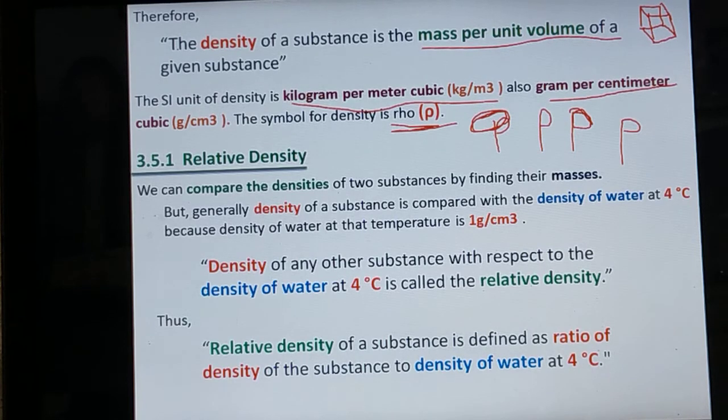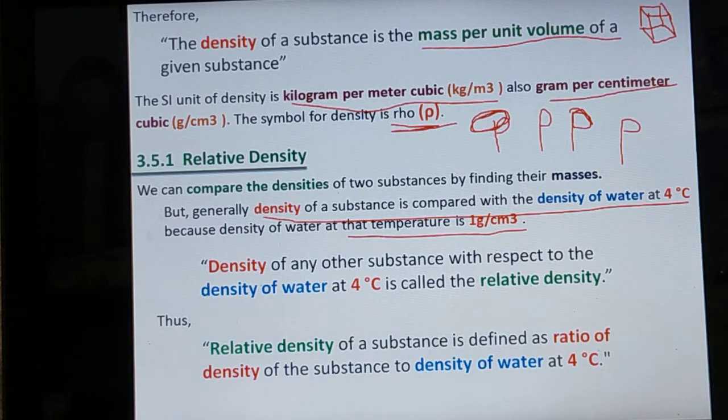Listen, here they have given that generally the density of a substance is compared with the density of water at 4 degrees Celsius, because the density of water at that temperature is 1 gram per centimeter cube. By maintaining the temperature at 4 degrees Celsius, the water density is equal to 1. That's why we have to maintain the temperature at 4 degrees Celsius.